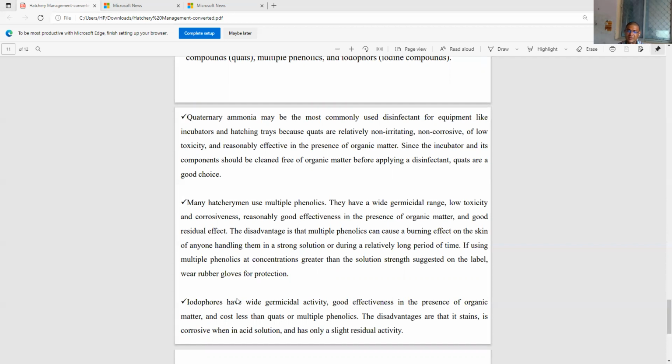If using multiple phenolics at a concentration greater than the solution strength listed on the label, wear rubber gloves for protection. Iodophors have wide germicidal activity, good effectiveness in the presence of organic matter, and cost less than quats or multiple phenolics. The disadvantages are that the solution is corrosive when acid, and has only slight residual activity.